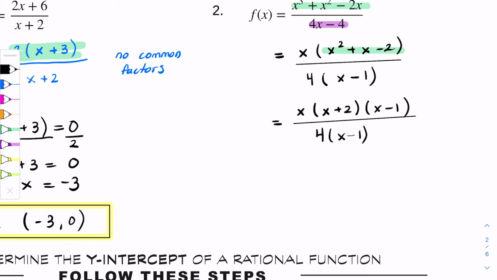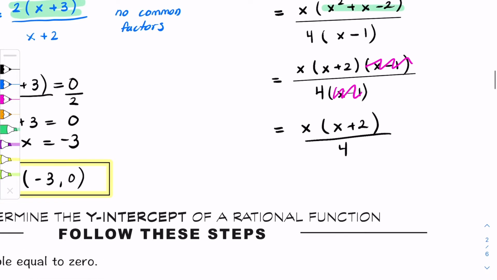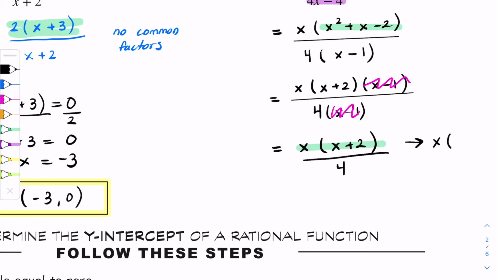All right, in this example, we do have a common factor. We can eliminate x minus 1. That leaves us with x times x plus 2 divided by 4. And at this point, you take your remaining numerator, set it equal to 0, and you set each factor equal to 0.